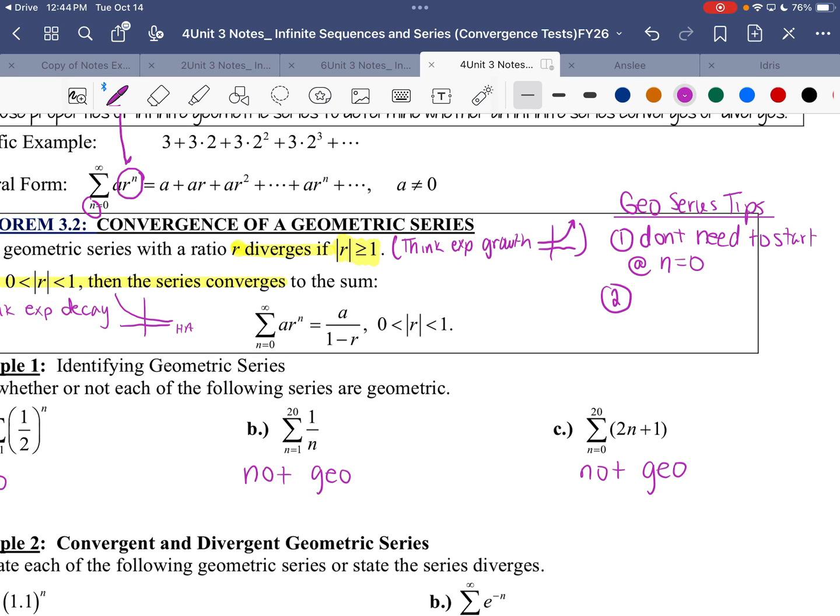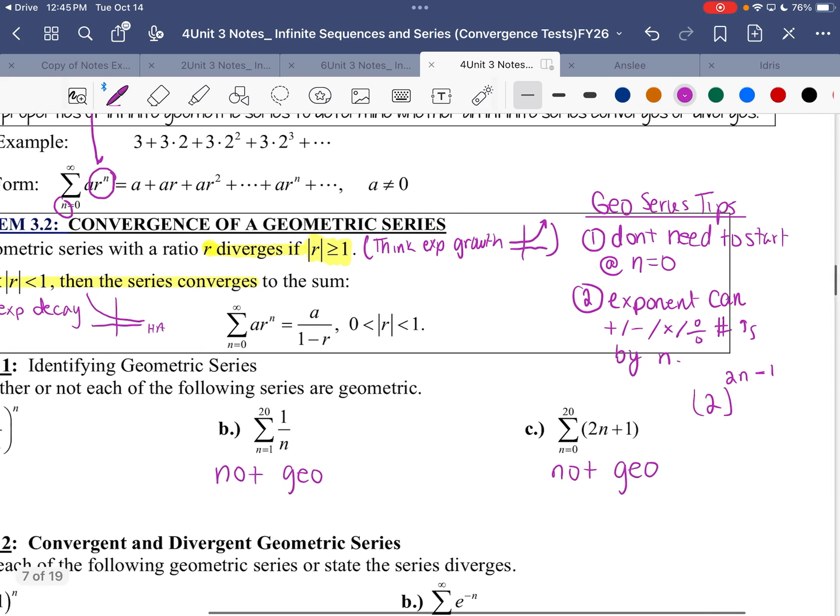Also, the exponent just has to involve n. If n is adding, subtracting, multiplying by something, it is still geometric. So for example, the exponent could be like 2n minus 1.